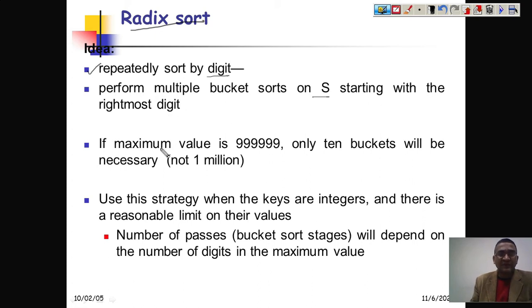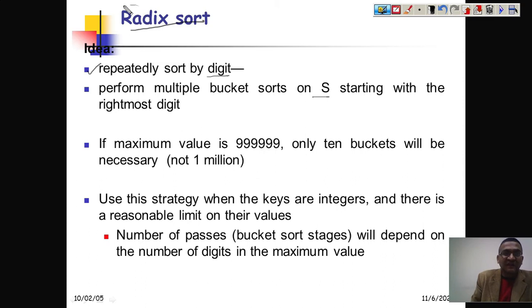So if the maximum value is this much, only 10 buckets will be necessary, not 1 million. In the previous scenario, the number of buckets depended on the maximum number in our given sequence. But when we apply Radix sort on integers, we only need to take 10 buckets, not depending on the value of the largest number.